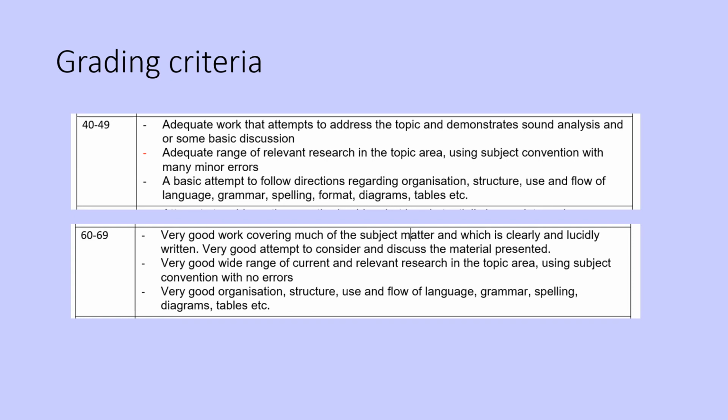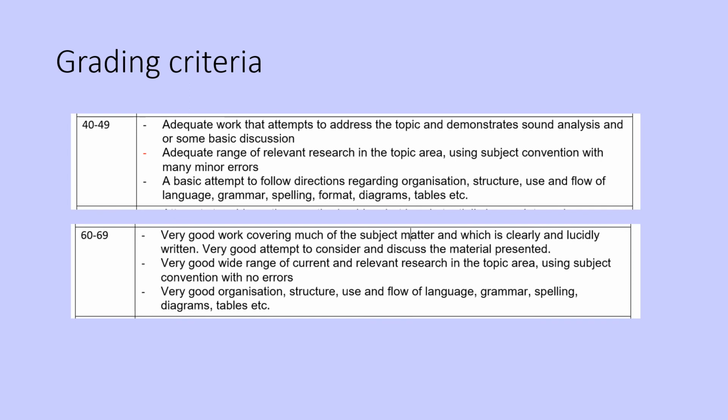Certainly at level 5, I would hope that there would be very few spelling and grammatical errors, and certainly if you have your spell checker on or your grammar checker, there is really no excuse. I certainly don't want to see spelling errors underlined within your work now that it's an electronic submission.